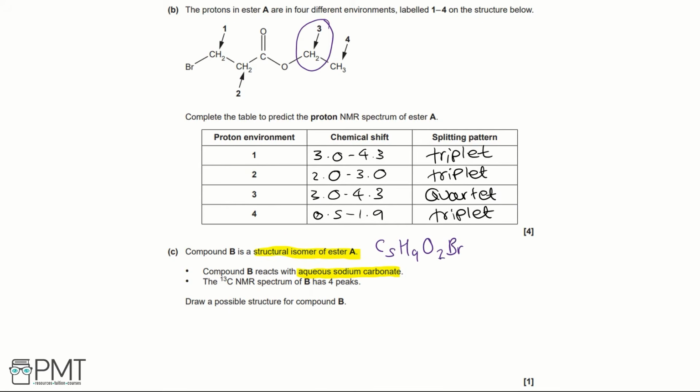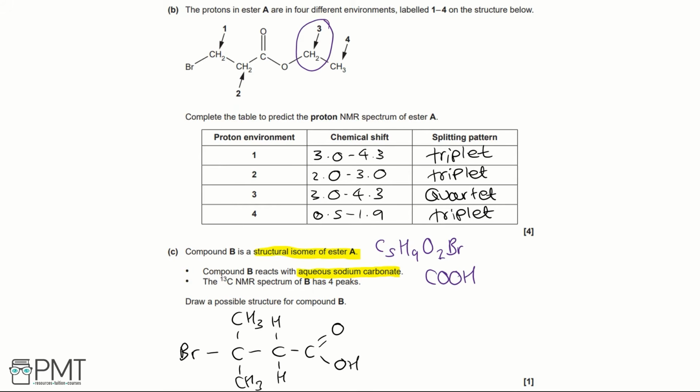Now we need to look for something that would react with aqueous sodium carbonate, and that would be a carboxylic acid. We also need to make sure that compound B would have 4 carbon-13 NMR peaks. So when we finish drawing compound B, we need to double check this fact and highlight where the carbon-13 NMR peaks would be found.